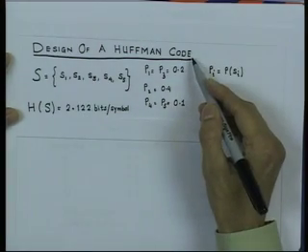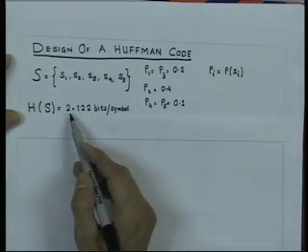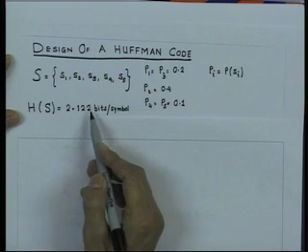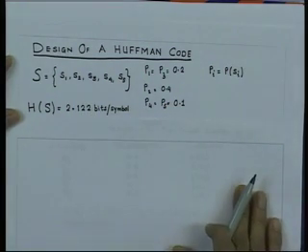Now, if my Huffman code is really a very efficient code, I expect that the average length of this Huffman code should be very close to 2.122 bits per symbol. Let us look into that.